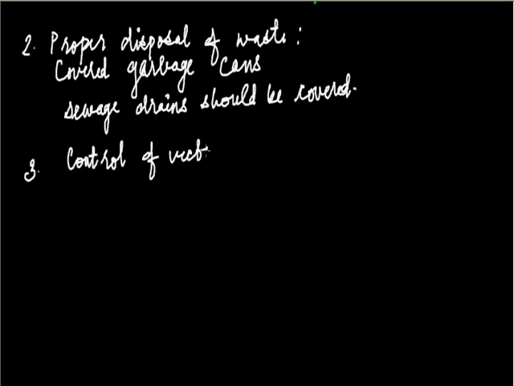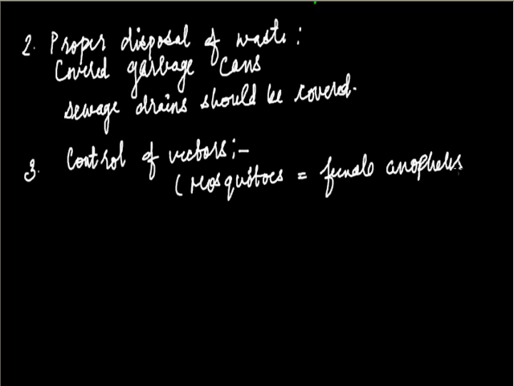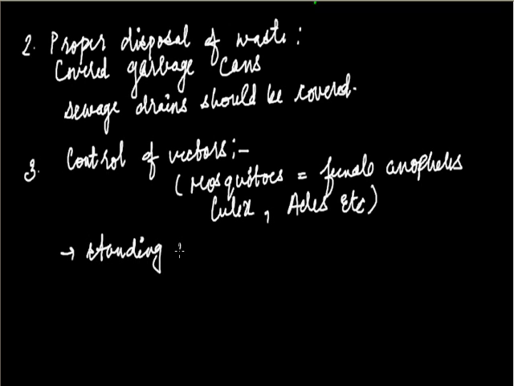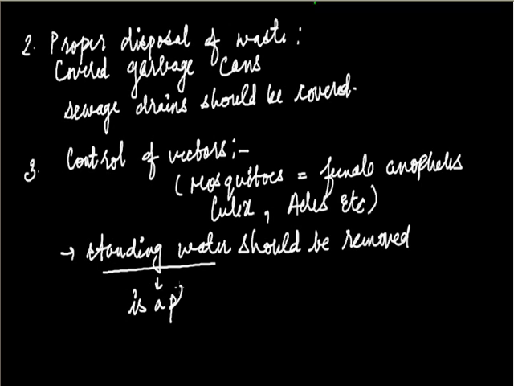So there should be control over the vectors: mosquitoes, especially the female Anopheles mosquito, and other vectors like Culex, Aedes, etc. Standing water should be removed because it is a breeding place for mosquitoes.